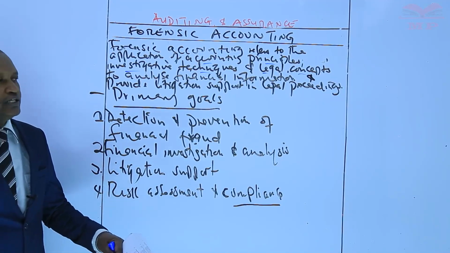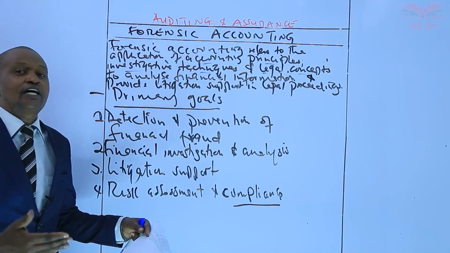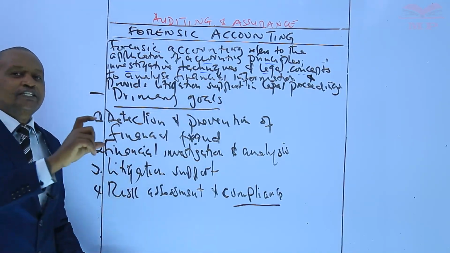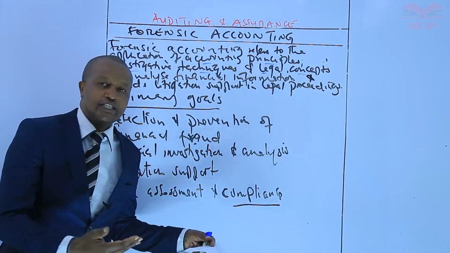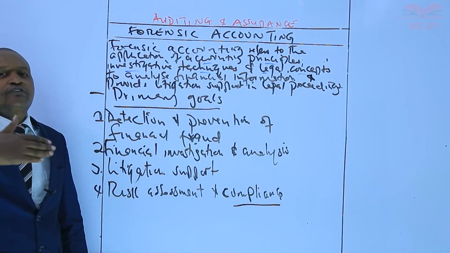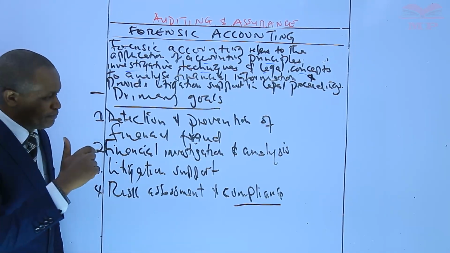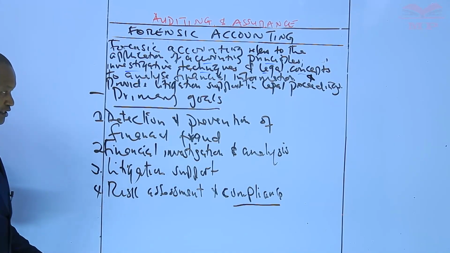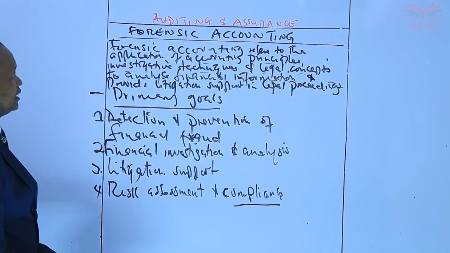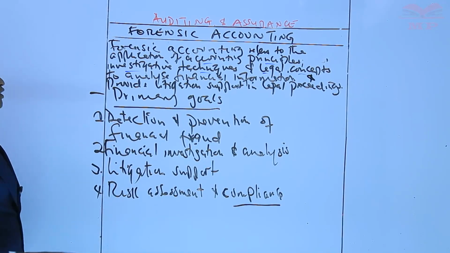In summary, candidates, we can say that forensic accounting plays a crucial role in investigating financial misconducts, supporting legal cases, and promoting financial transparency and integrity in both the private sector and the public sector. So that is all we can say as far as the definition of forensic accounting is concerned.